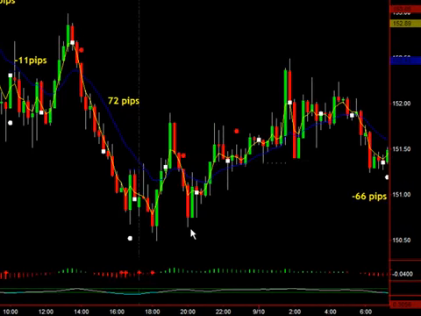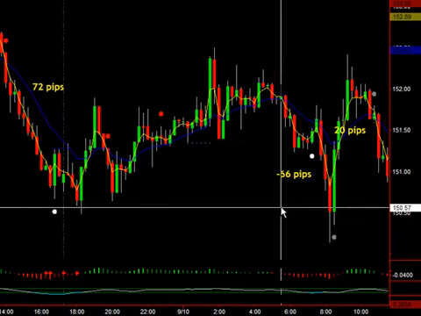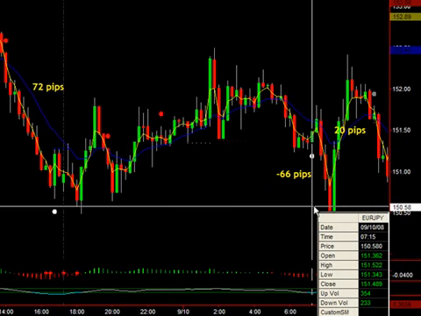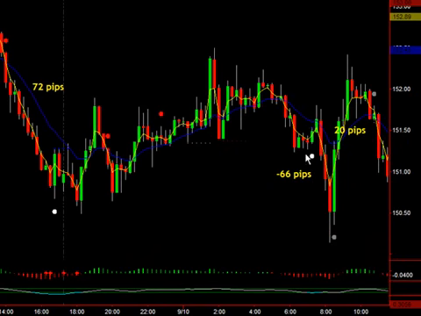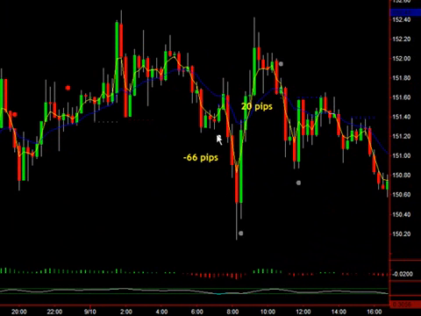That was the end of the session for North American traders, and we moved on, and the next possible trade was this white dot right here, which occurred at 7 a.m. Eastern. This went definitely against our position, and we were stopped out for minus 66 pips.